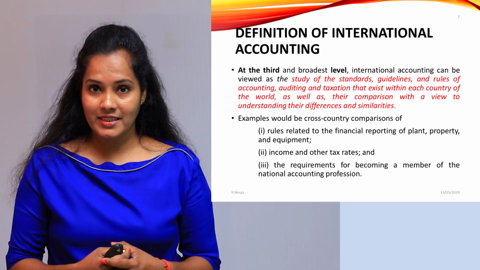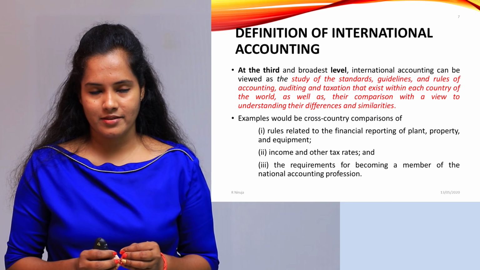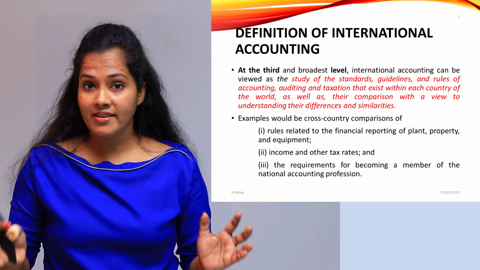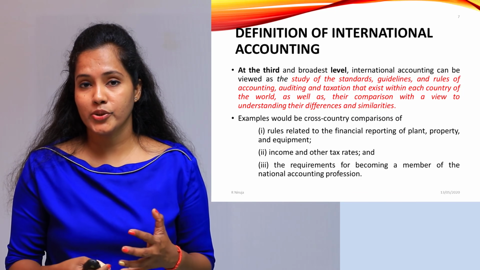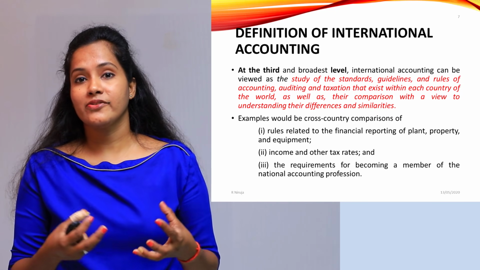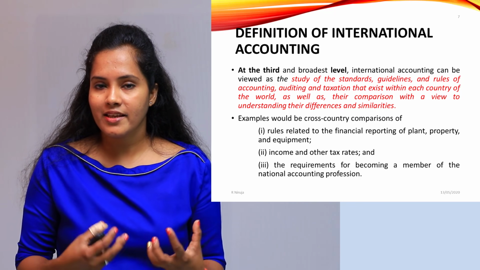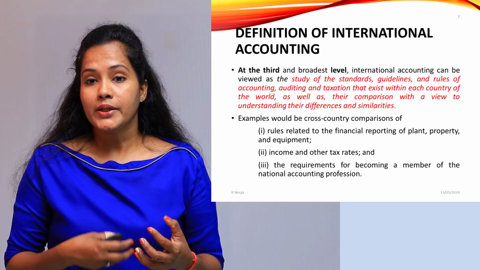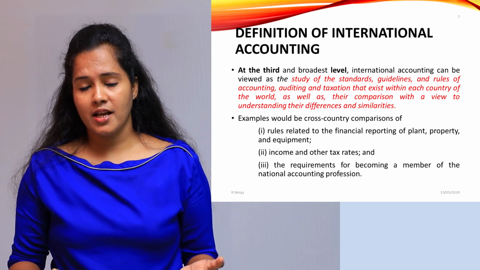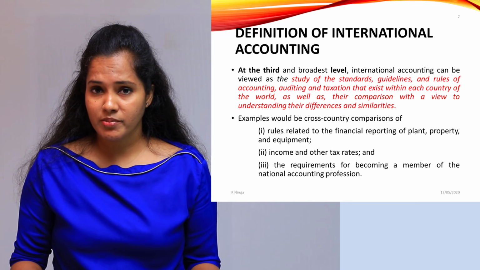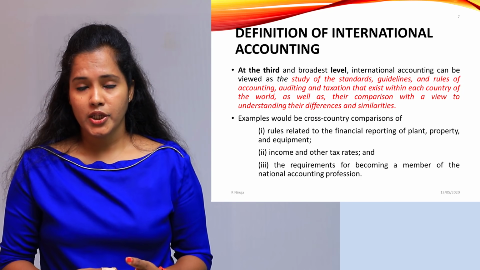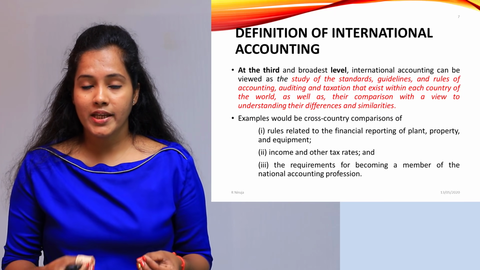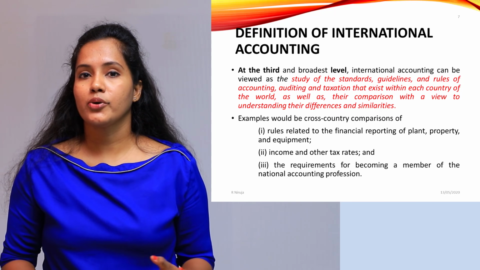And the third level, this is the broadest level, is the level where the accounting systems of different countries are compared in order to understand the similarities and differences between the different countries' accounting systems. Here, there is a cross-country comparison of rules related to financial reporting, for example, the rules related to measurement of PPE, property, plant, and equipment, or income and tax rates, or they can compare the requirements of becoming a member of the national accounting profession.